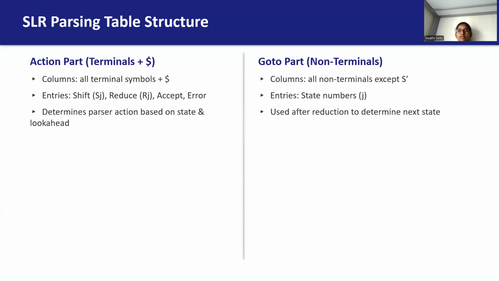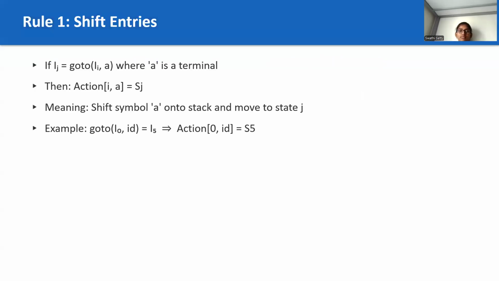Next comes the goto part. Goto part is with all the non-terminals except S', which was added in the augmented grammar. This will contain entries such as j, the state number. Use it after reduction to determine the next state.